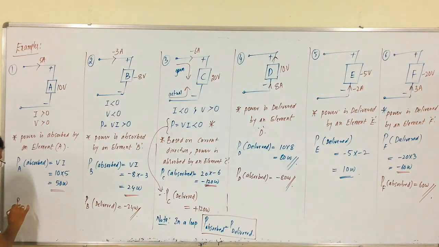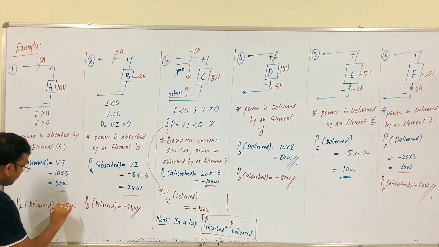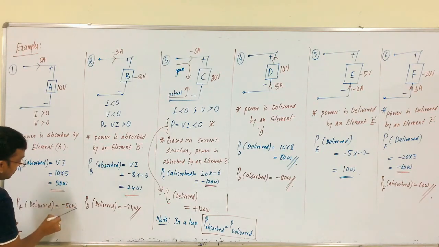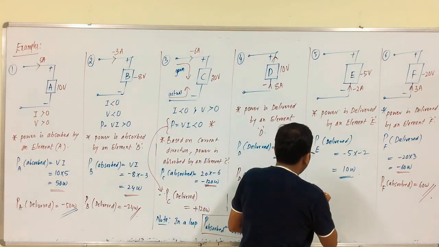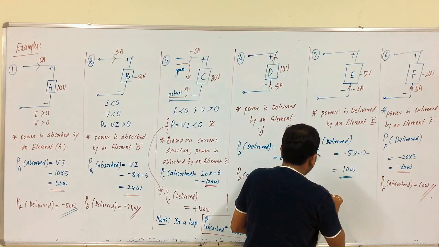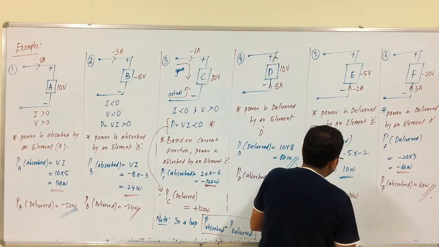Here the power delivered by an element A equals minus 50 watts. Here the power absorbed by an element E equals minus 10 watts.